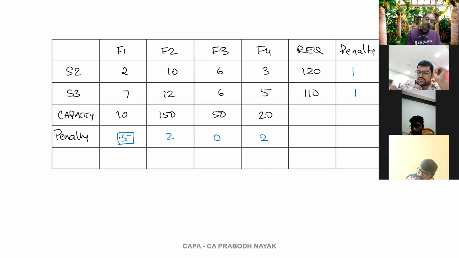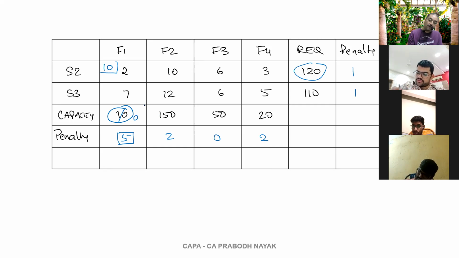Highest penalty is 5. Lowest in that is 2. So 10 or 120, whichever is less, so 10 will come. 10 minus 10 will give you 0. 120 minus 10 will make it 110.